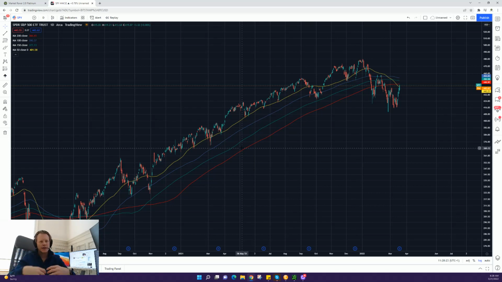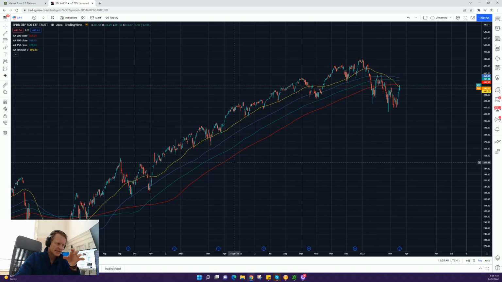Aside from the overhead resistance, what I want to point out is that resistance gets stronger as moving averages that had collectively moved up over time have, over the course of a few months now, basically flatlined. So you have a trend break, a break in those moving averages, a breakdown in price basically.